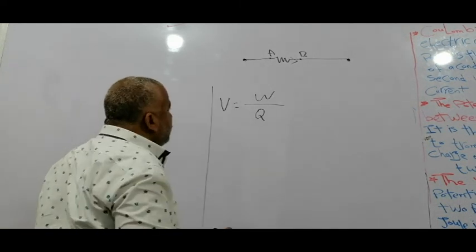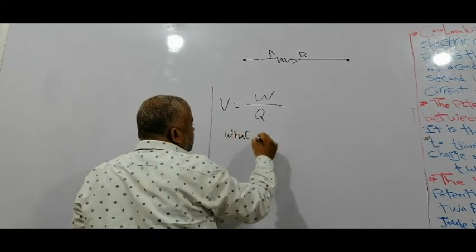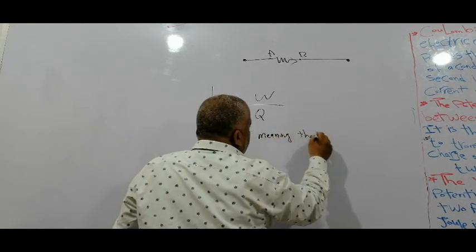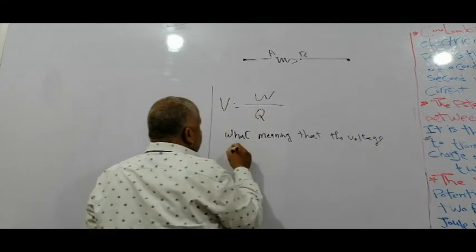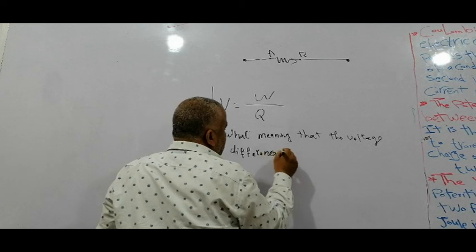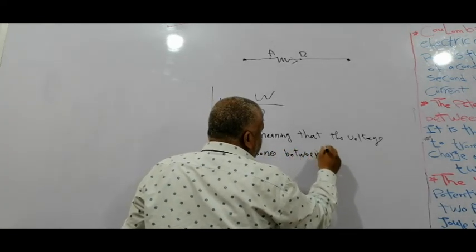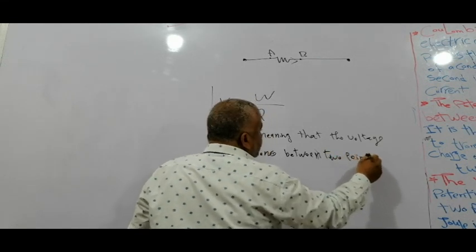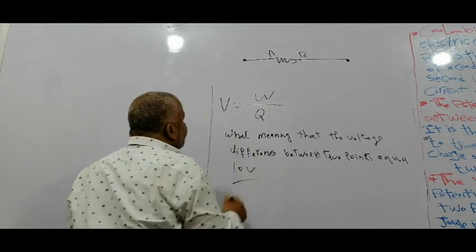What is the meaning of the voltage difference between 2 points equal to 10 volts?